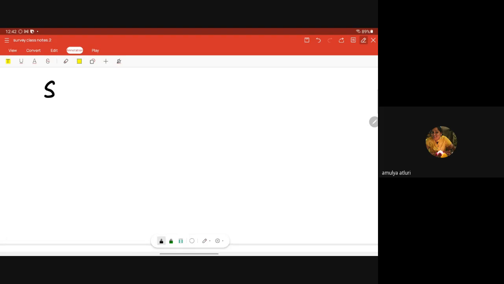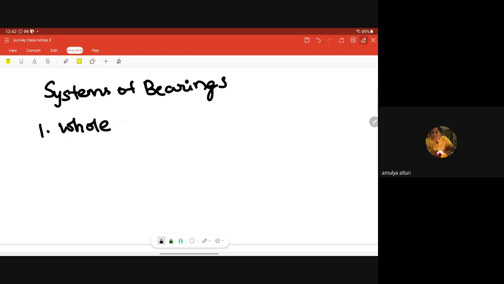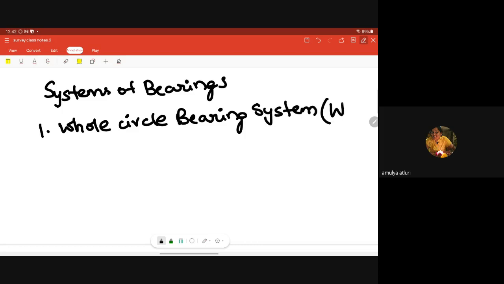Next one is systems of bearings. One, whole circle bearing. This is also called the WCB system or azimuthal system.